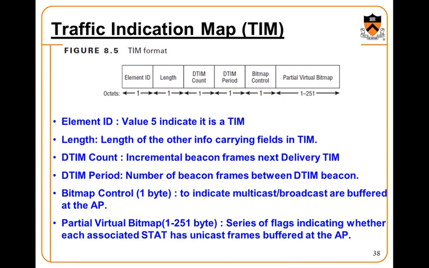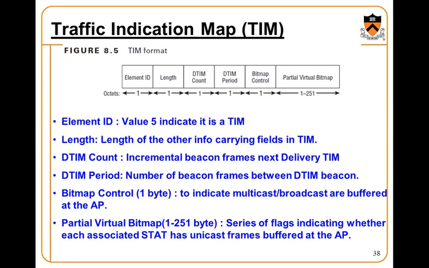And then the DTIM count, the number of beacon frames before the next DTIM, and then the bitmap control, which is used to indicate the multicast or broadcast information that is buffered with the access point. Similarly, the partial virtual bitmap is used as a flag indicating whether each associated station has unicast frames buffered at the access point.